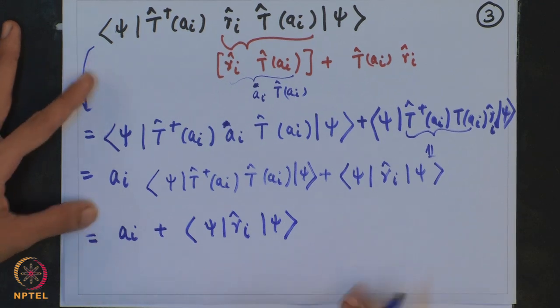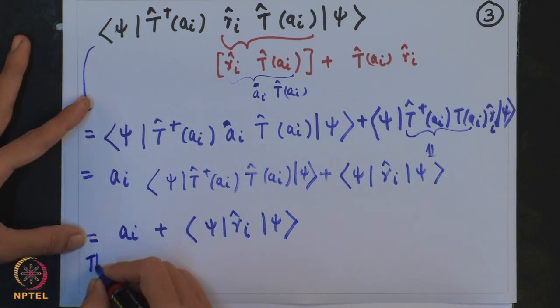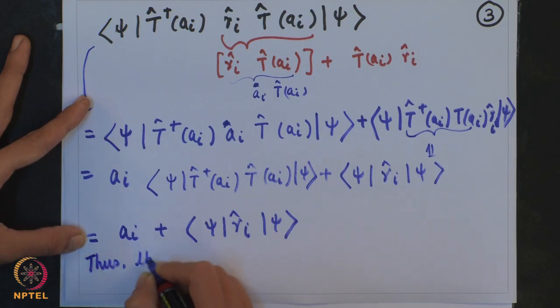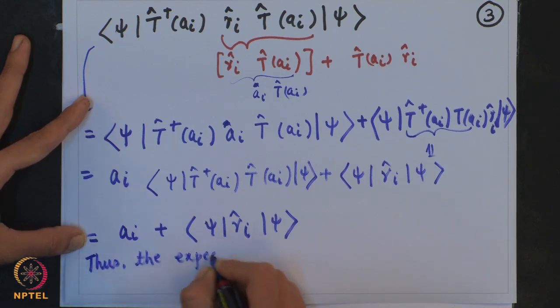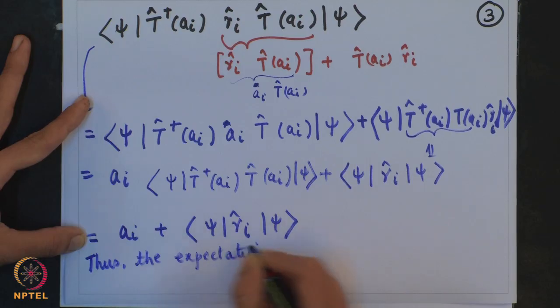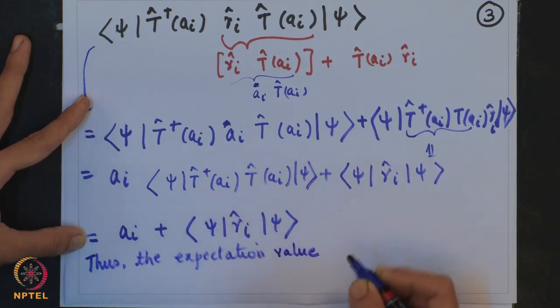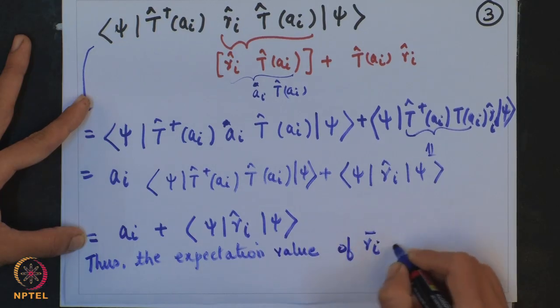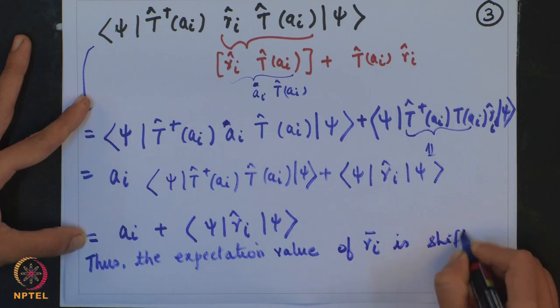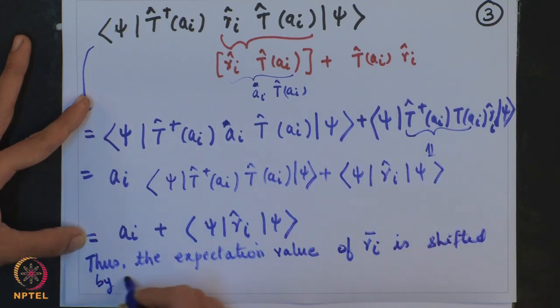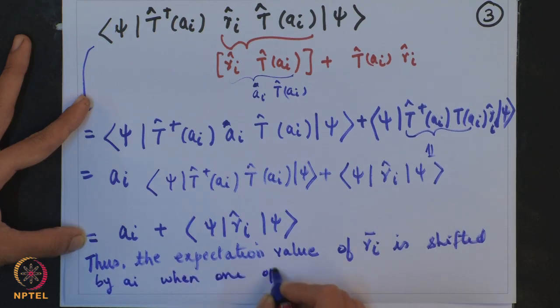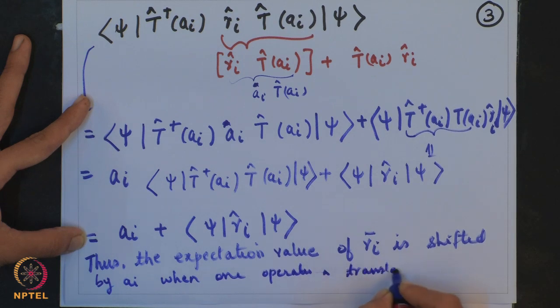So, the position is shifted by A_i, thus the expectation value of R_i is shifted by A_i when one operates a translational operator.